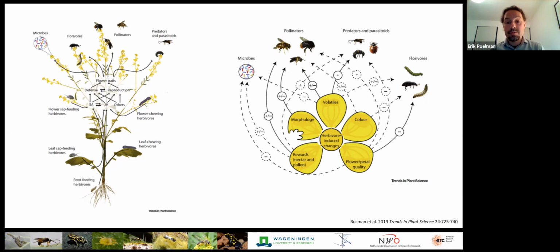And because all of these effects of herbivores translate into quality aspects of the flowers, we see that individual pollinators are also going to interact differently with these flowers.